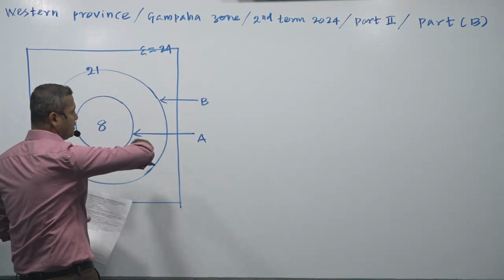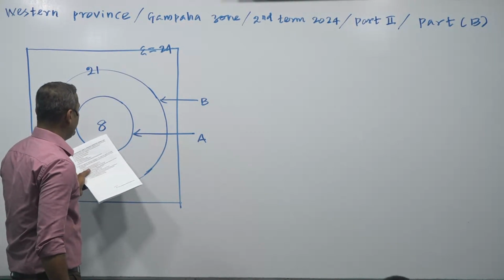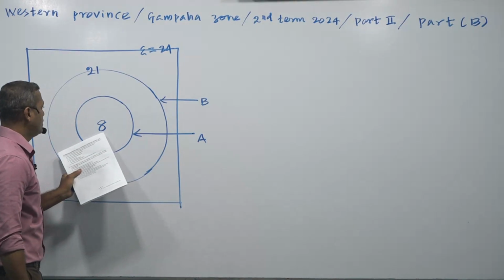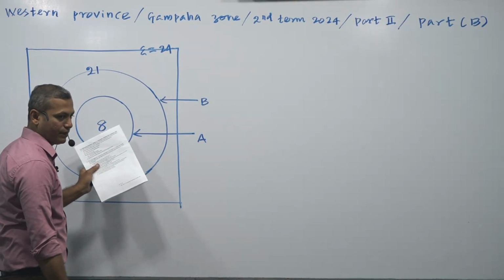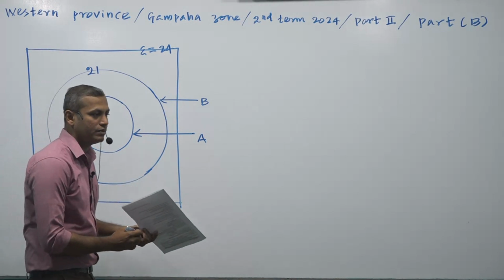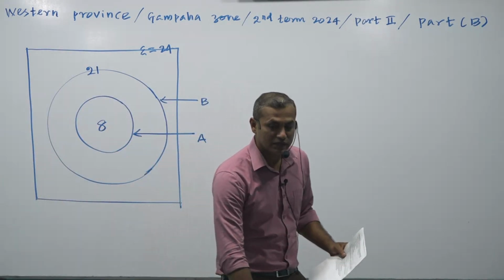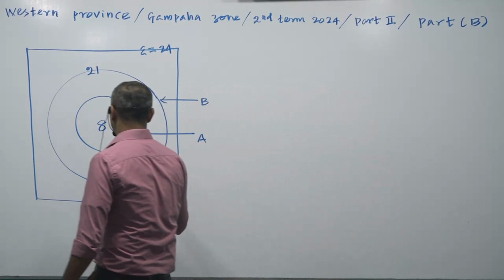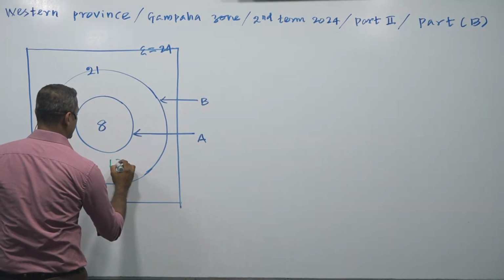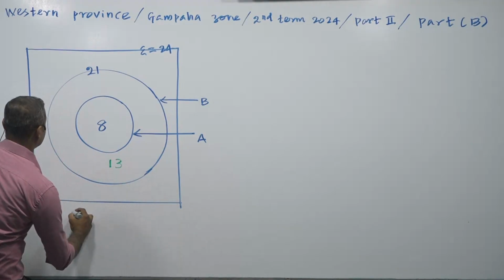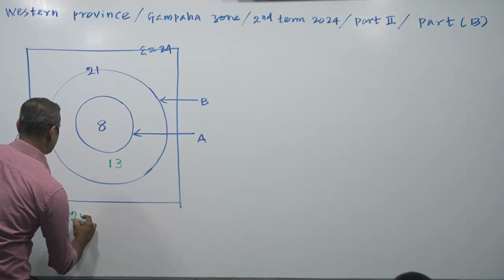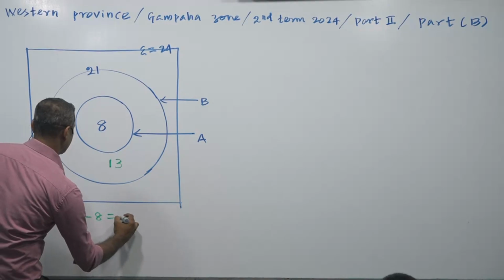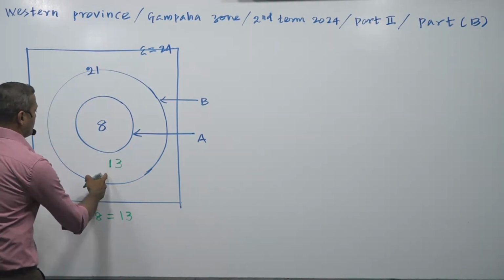Then from 21, already 8 matches are gone. Then what is the remaining amount? 13. 13 should come here. 21 minus 8 is 13.